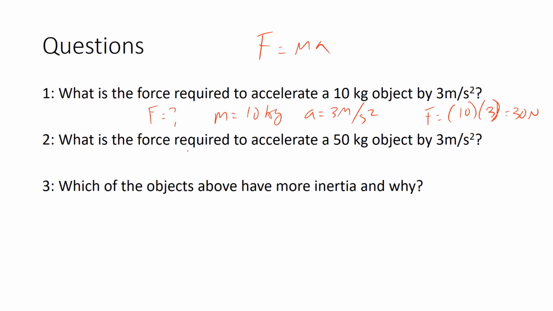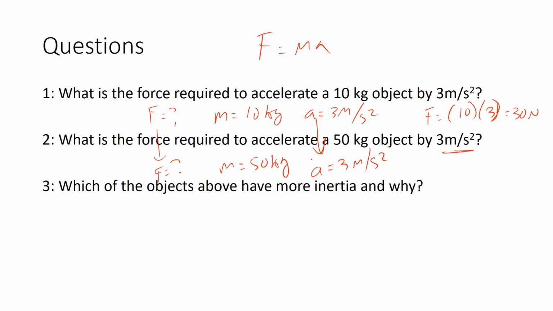And then what is the force required to accelerate a 50 kilogram object? Well, we're going to have the same acceleration here, because I said it right here. And we're looking for force. Force equals question mark, A equals 3 meters per second squared. But our mass is 50 kilograms. So think about what that's going to do to inertia.